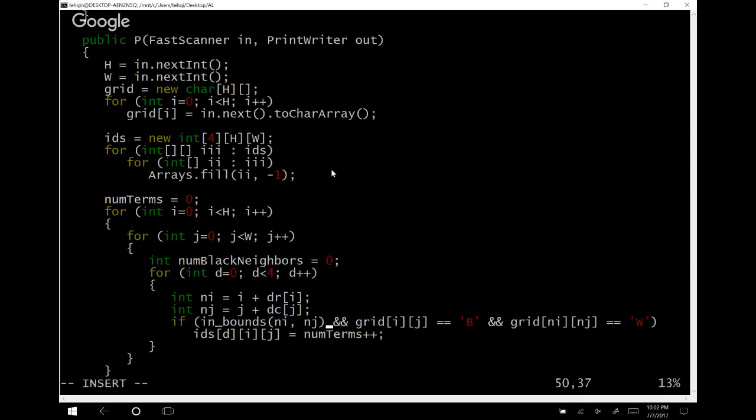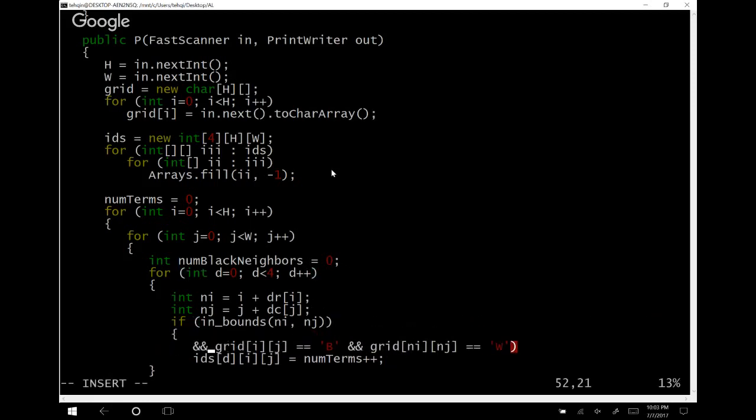Actually, I'm going to change the way I code this a little bit. So refactor this.